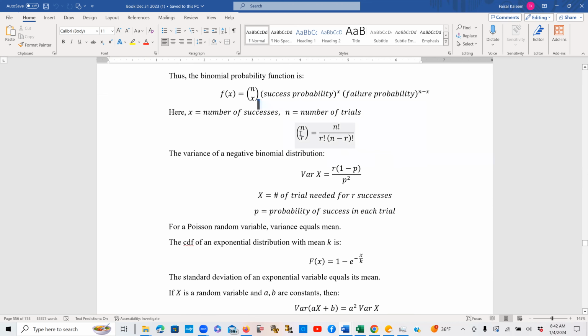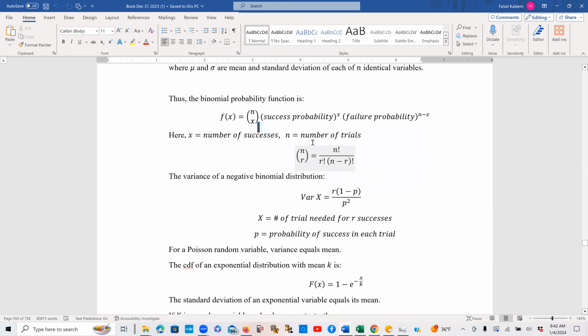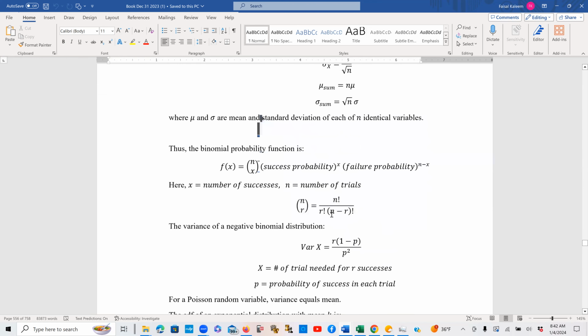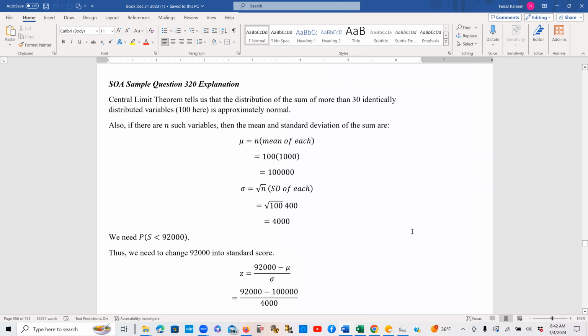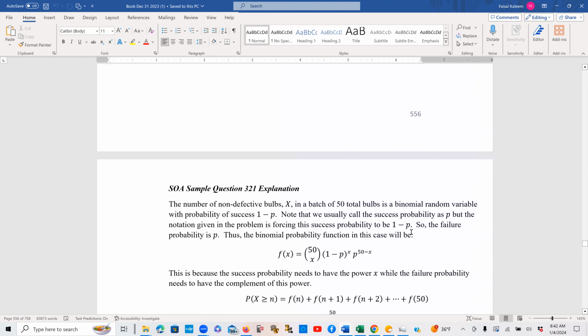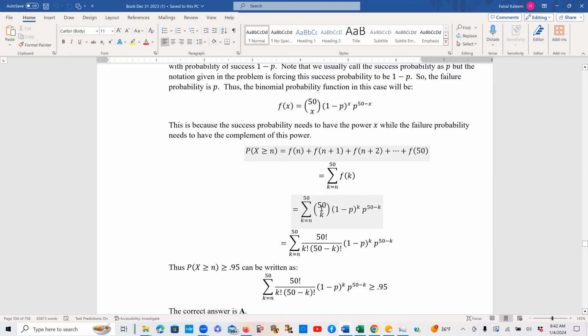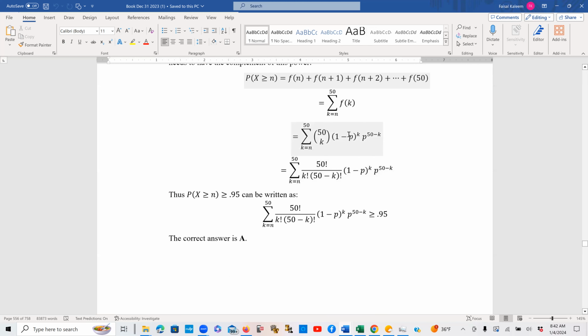So here, we have nCr equals n factorial over r factorial times (n minus r) factorial. That's why this would be 50 factorial over k factorial times (50 minus k) factorial. And we repeat the other two expressions, (1 minus p) to the k and p to the power 50 minus k.